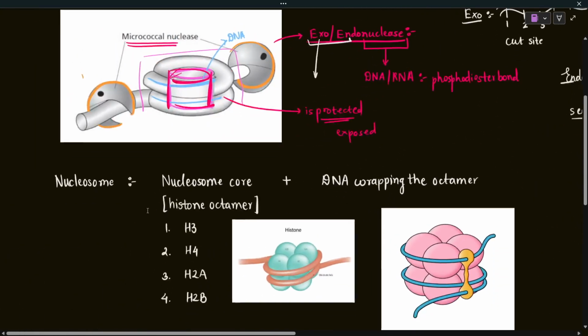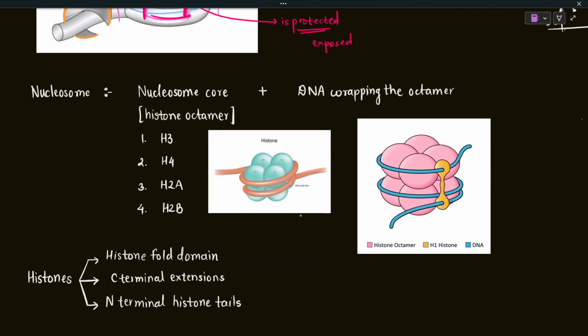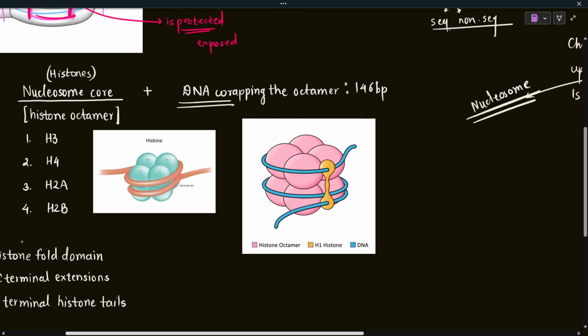Now let's take a look at what nucleosomes are made up of. Nucleosomes consist of a nucleosomal core. This core is made up of histone proteins, as I already told you, around which DNA is wrapped. 146 base pairs of DNA is wrapped around the nucleosomal core, making 1.75 turns around the histone core.